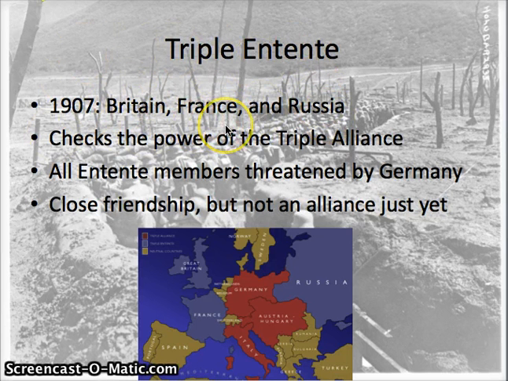Britain and France have a lot in common ideologically, but Russia is very conservative and reactionary. Okay, so this is interesting. They form an alliance because they share an enemy, not so much because they share ideas. So the Triple Entente is formed as a way to check the power of the Triple Alliance, prevent it from becoming too powerful. Okay, again, they all are threatened by Germany.